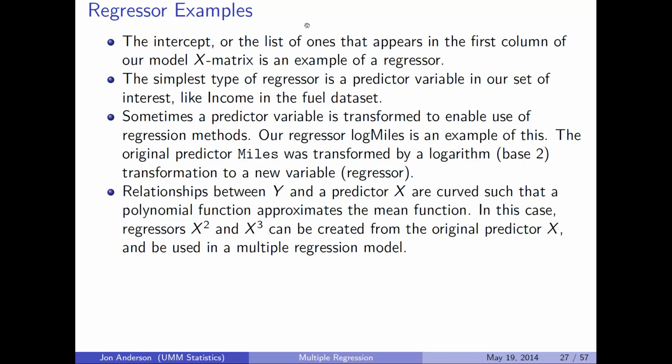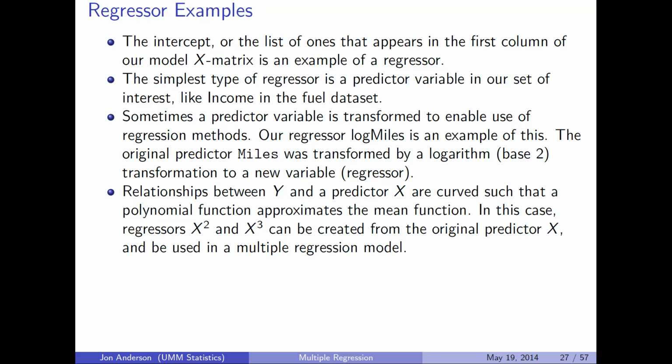So one example of a regressor is the intercept. It's just a column of ones in that predictor X matrix, and that is basically what controls that we have an intercept. Probably the easiest type of regressor is just a raw predictor variable like income from our fuel data set.